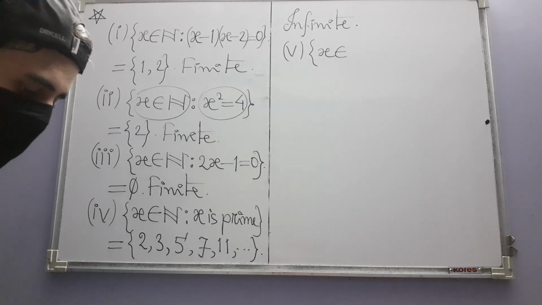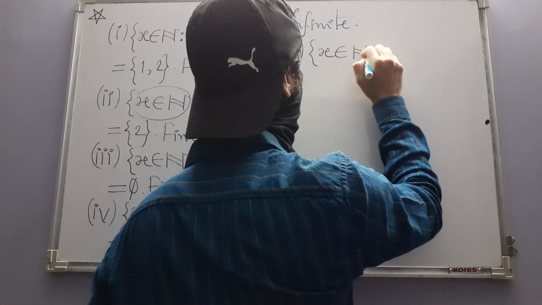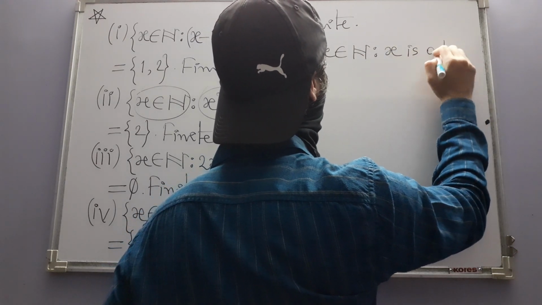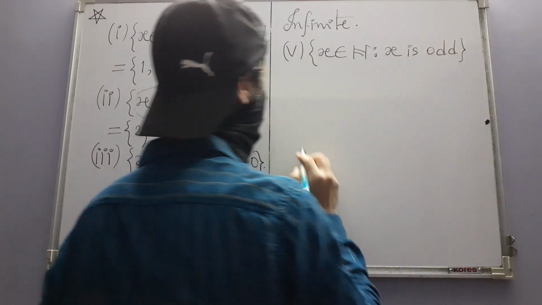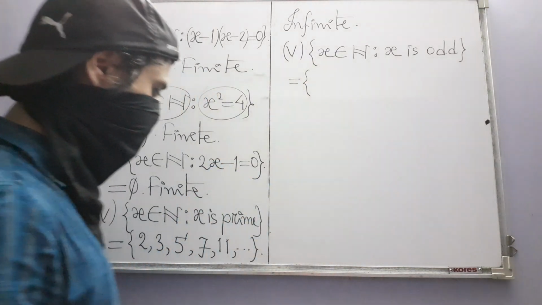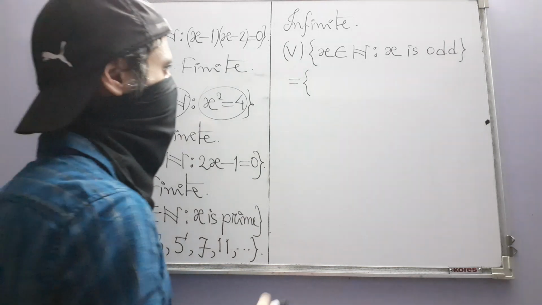This is also the set of all natural numbers x such that x is odd. Well, this set is not as complicated as the set of prime numbers. It is easy.